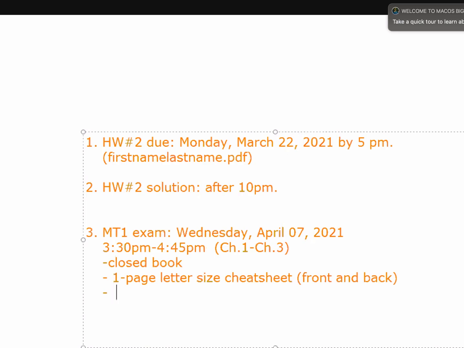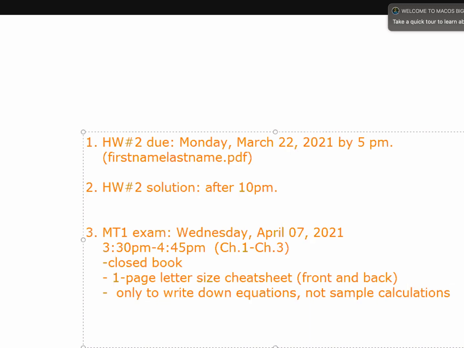And you only allow equations, not simple calculation. You need to submit your cheat sheet together with your answer sheet as well. So I will check what you wrote down on your cheat sheet.